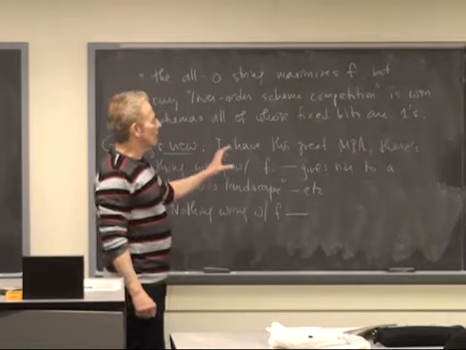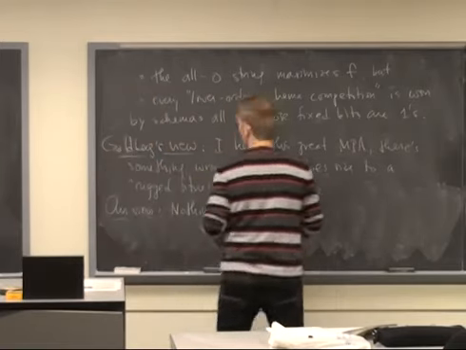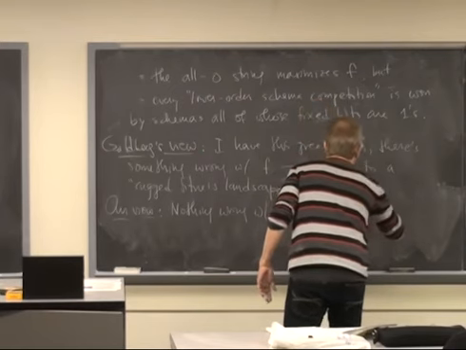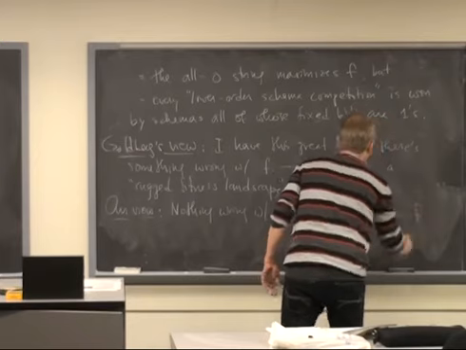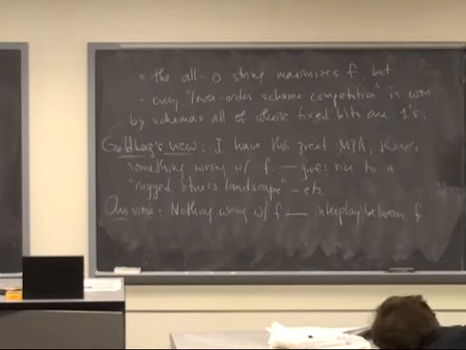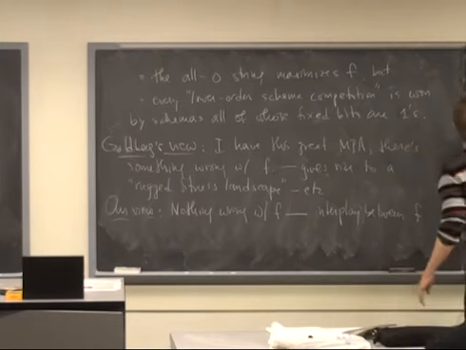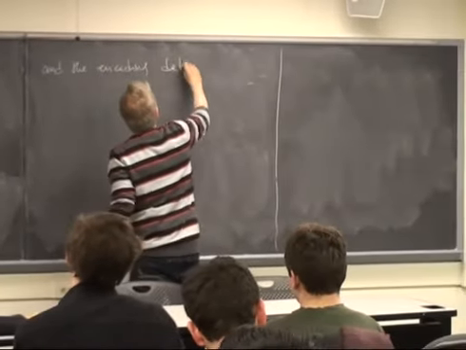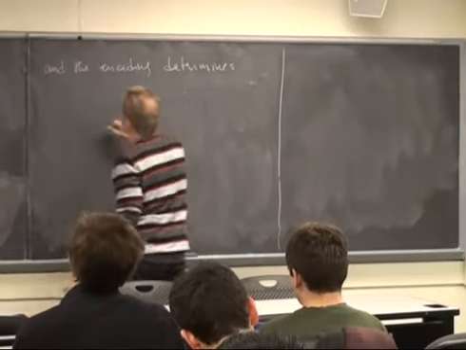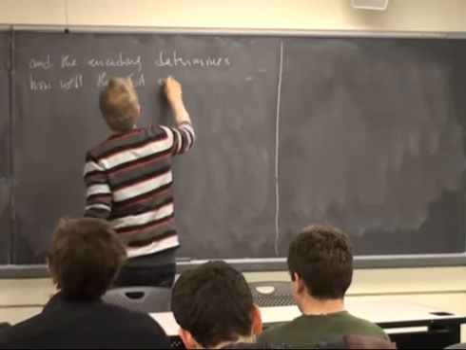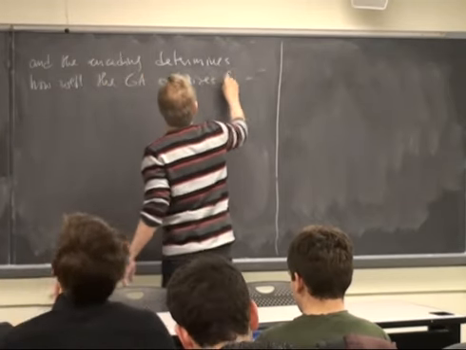The interplay between the encoding and f is what determines whether the GA works on f. So the interplay between f and the encoding determines how well the GA optimizes f.